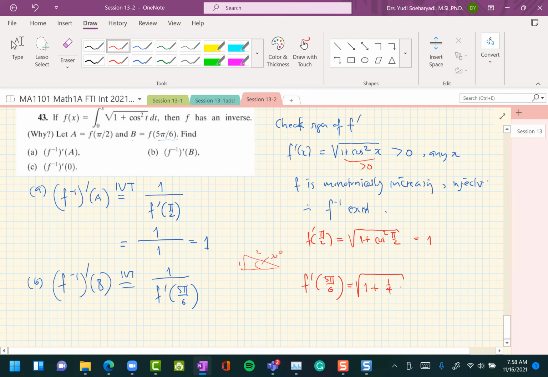Only the cosine, I should say. This is not the sine. Cosine, this is square root of 3 over 2, negative, because this is in the second quadrant. Negative square root of 3 over 2, so squared, 3 over 4.